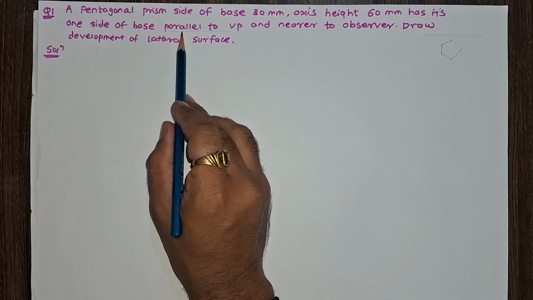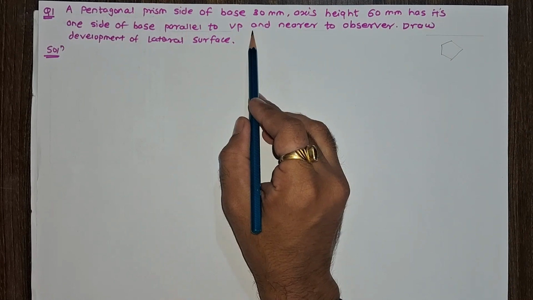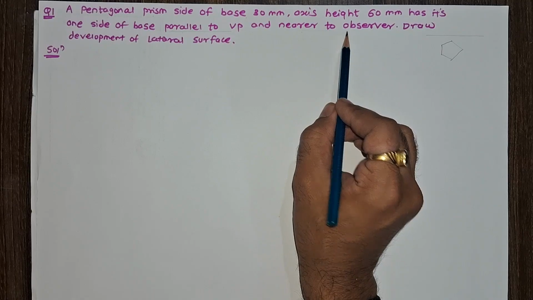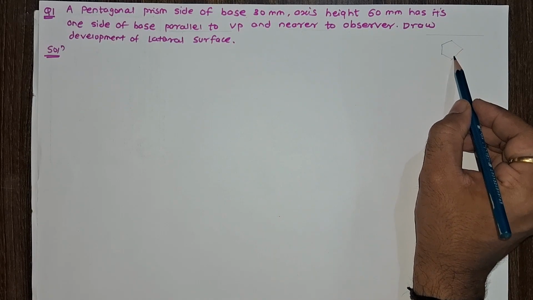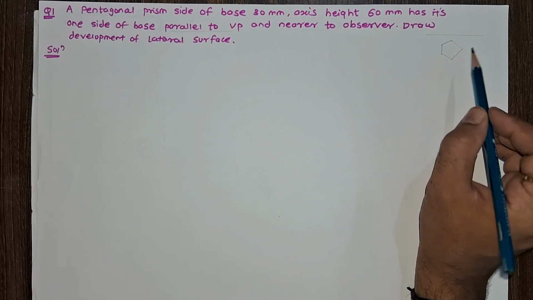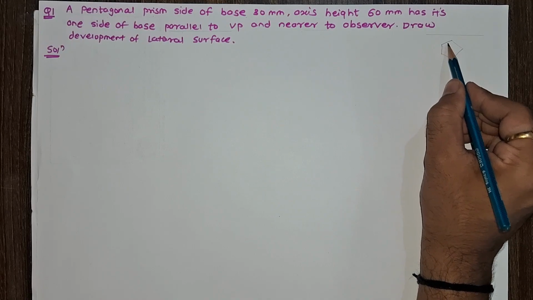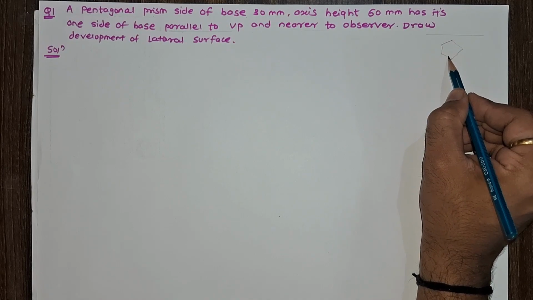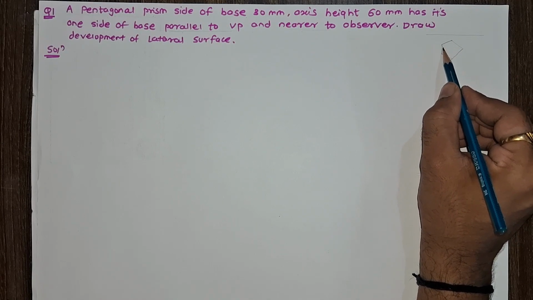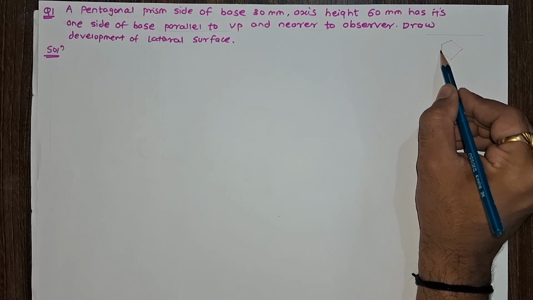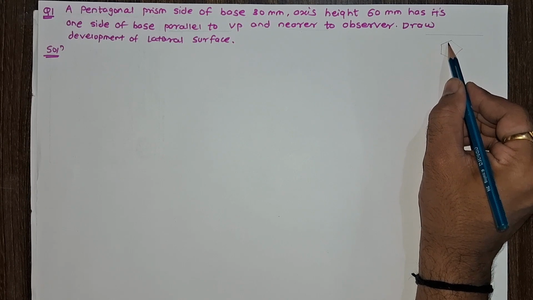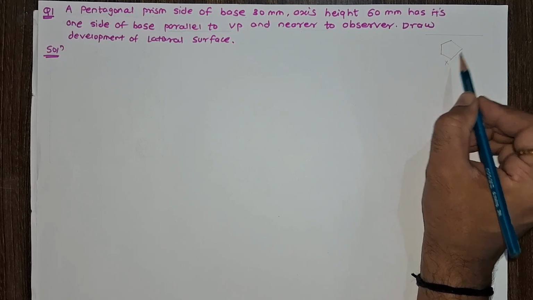One of the base edges is parallel to vertical plane and nearer to observer. Now you can see here this is the pentagonal prism top view. But you can see in this case there are five edges of this pentagonal prism, but looking at 1, 2, 3, 4, no edge is parallel to vertical plane. So this position is wrong for this problem.